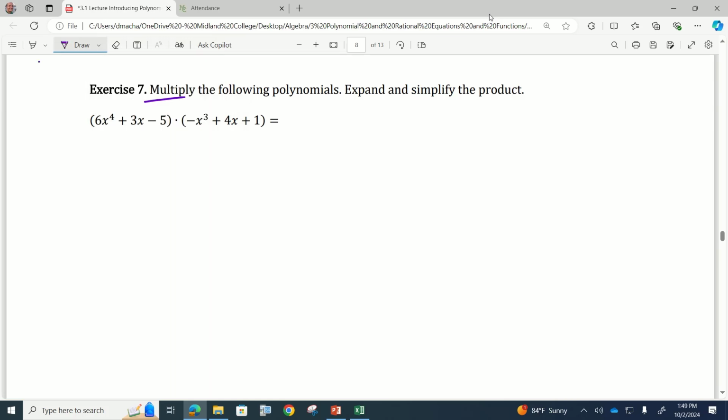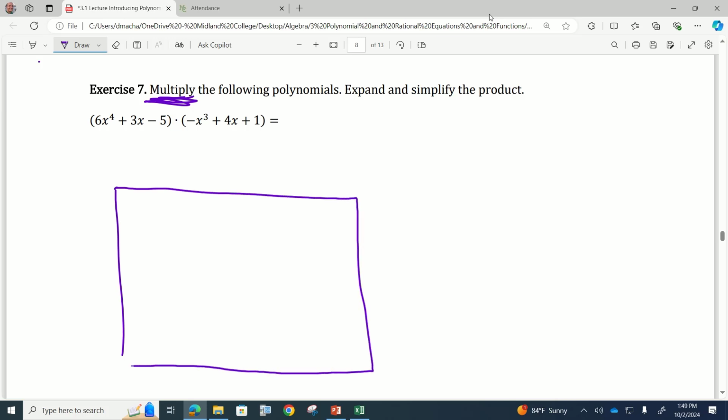So this time I want to multiply these polynomials. This is how I'm going to do this. I'm going to try to find the area of this rectangle. And this side length across the top of my rectangle is going to have side length 6x to the 4th power plus 3x minus 5. And I can partition that into 3 little segments.